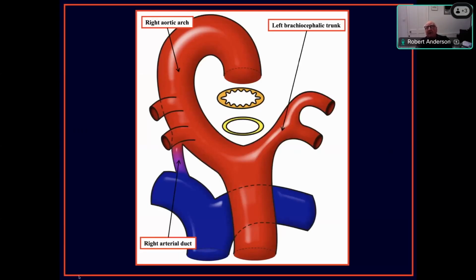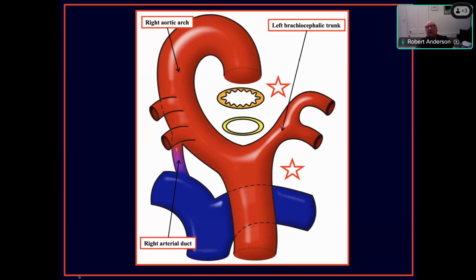The system represents the disappearance of the left-sided dorsal component of the left arch. So it's gone, and this is the essence of mirror imagery, and in this instance we do not have a vascular ring. But should the left-sided arterial duct persist, then we can have a vascular ring.